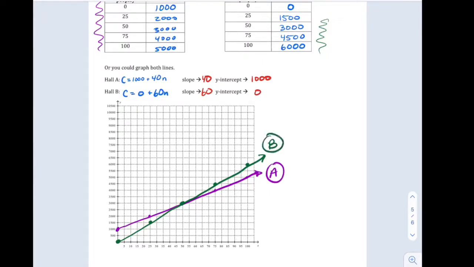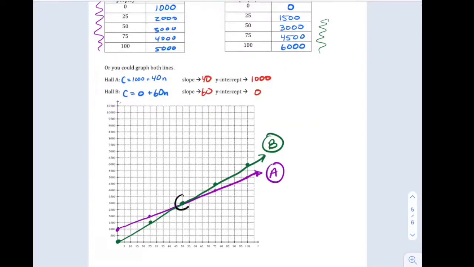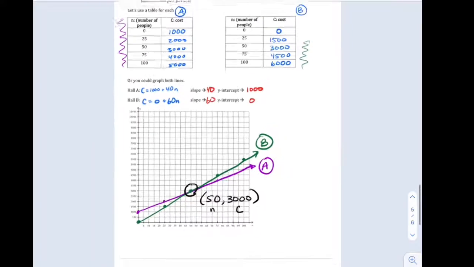for Hall B, I see that we have a point of intersection. The point of intersection happens to be at 50 and 3,000. So 50 is on the N axis and 3,000 is on the C axis. So what's significant at that point?